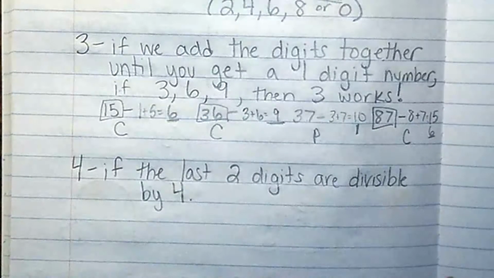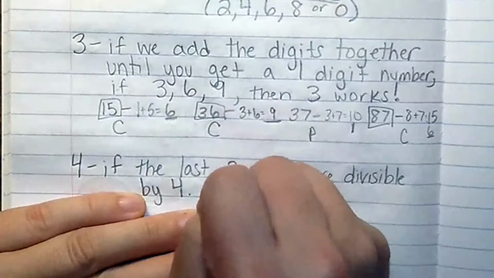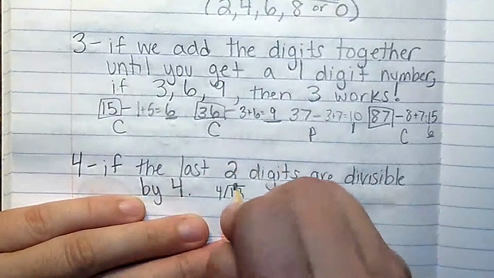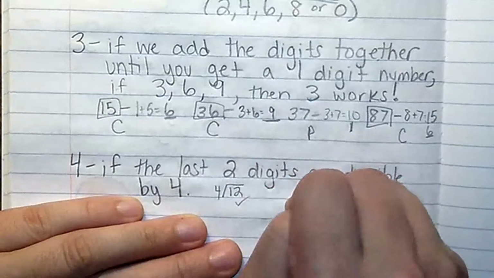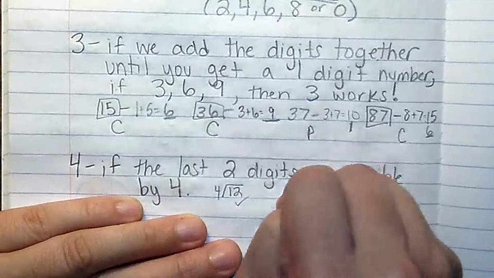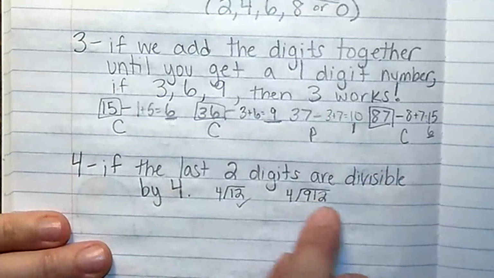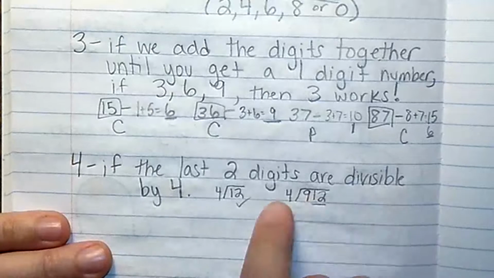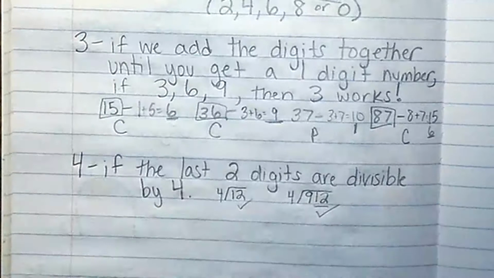So if I was looking at something like 12 divided by 4, well, I know that works because 12 divided by 4 is 3. But what if my number was 912 divided by 4? Well, instead of doing all of my math, I just have to look at the last 2 numbers. Is 12 divisible by 4? Yes. So 4 is a factor.